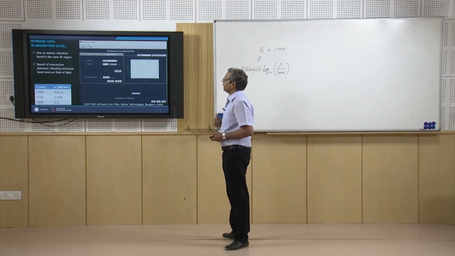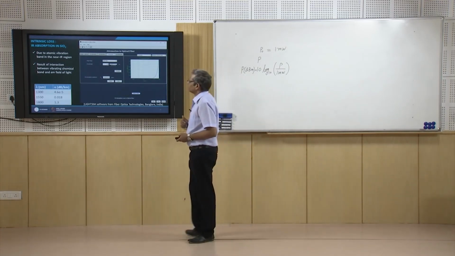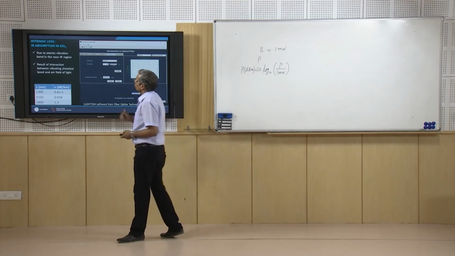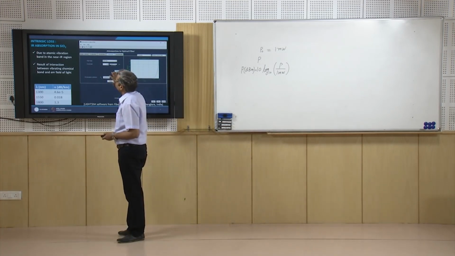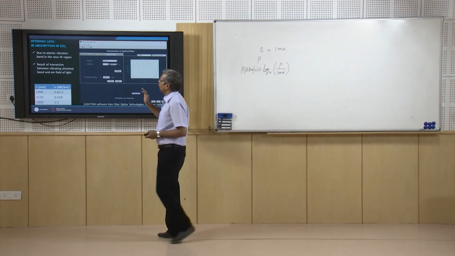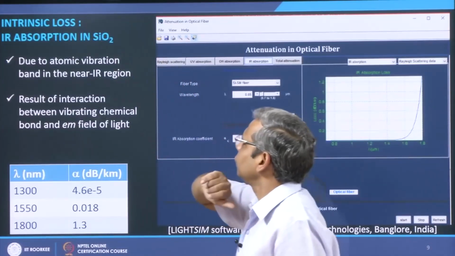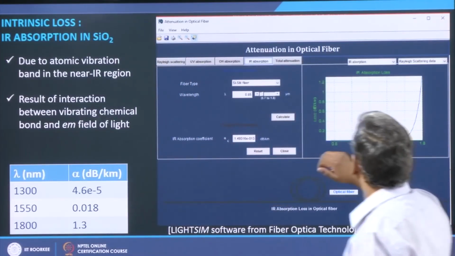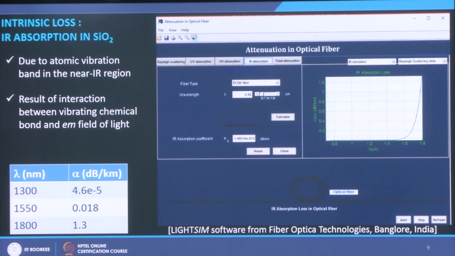So let us first look at intrinsic loss, IR absorption in SiO2. What I can see is that as I go towards the longer wavelength side, the IR absorption in silica glass increases.